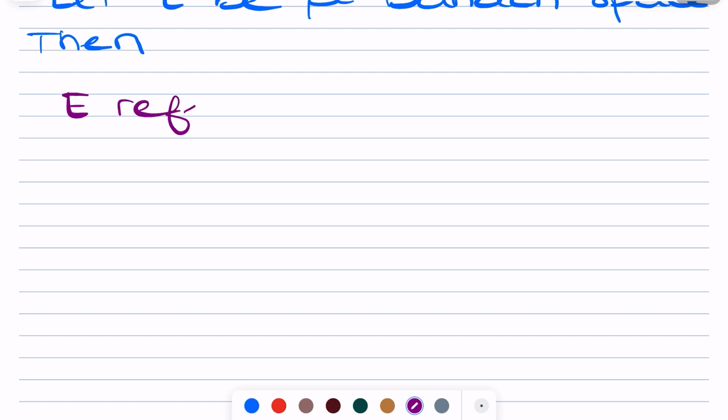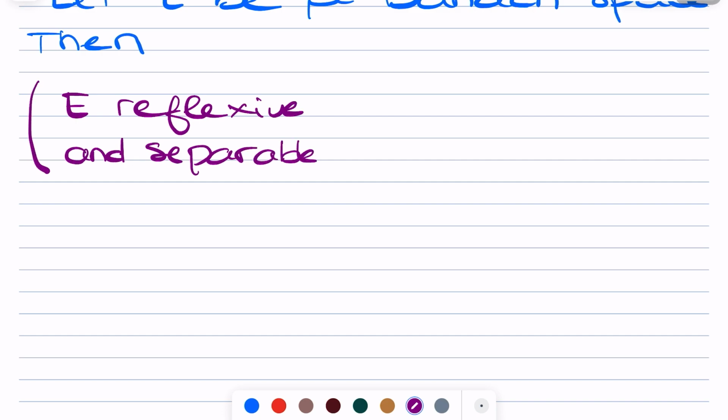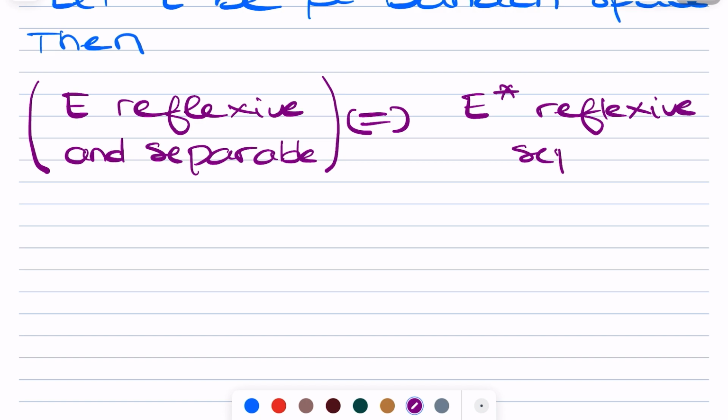The space E is reflexive and separable if and only if the dual space E star is reflexive and separable. Okay, good. Proof.